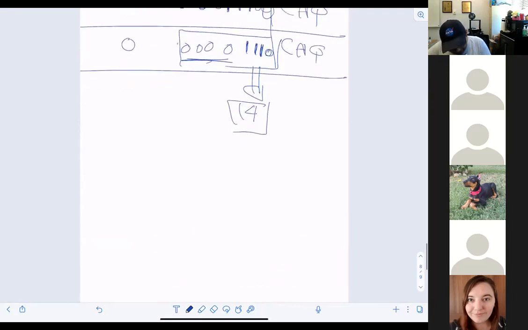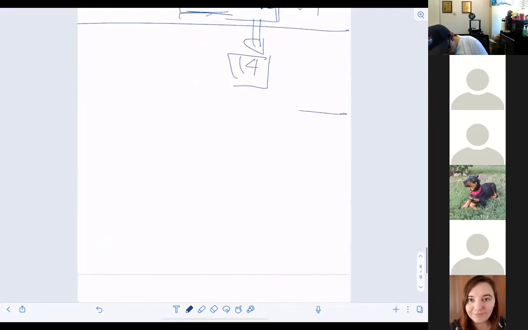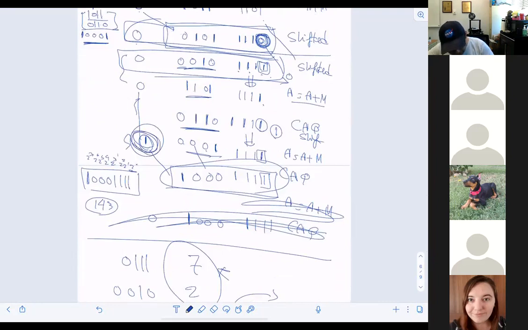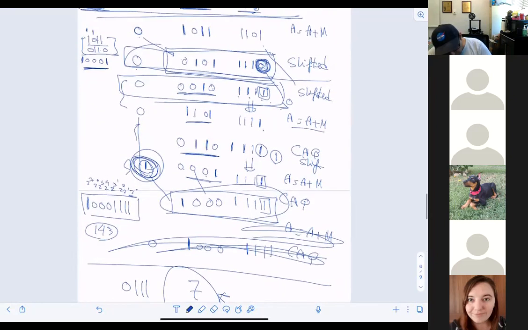Looking at the previous one, 13 times 11: where did the carryover come from? That came from 6 plus this value, plus 0, 1, 1, 0. Add them, it's going to be 1. Then 1 plus 1 is 0, and there is 1 here, so 1 plus 0 plus 1 is going to be 0, and you have here 1, 0.